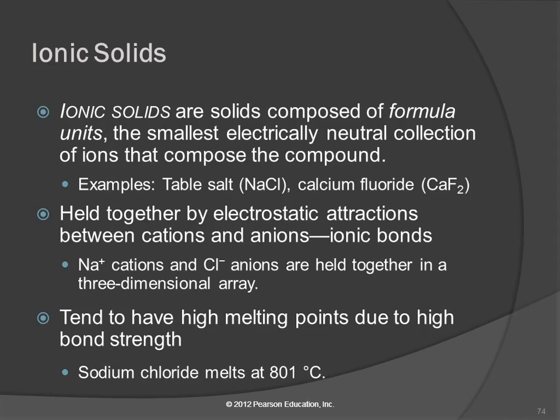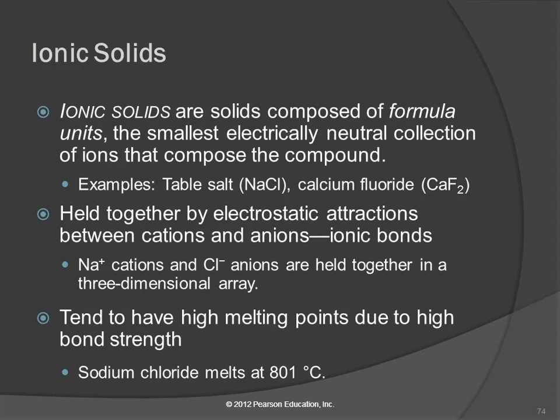Ionic solids, we don't say that they have molecules, we say they have formula units. And by formula unit, we mean the smallest electrically neutral collection of ions. But I think we can just say that ionic solids are composed of ions and be okay with that. Examples are table salt, calcium fluoride. We look at these compounds, they have a metal in them.